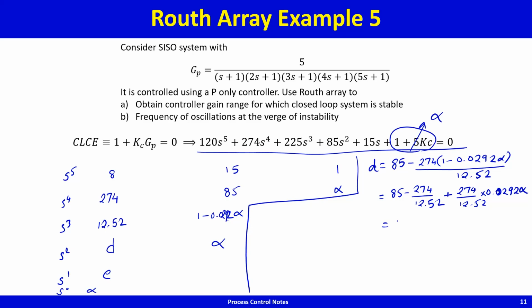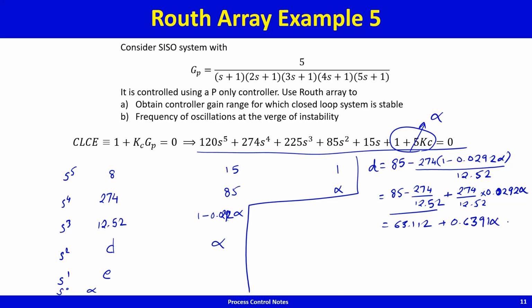And if you do the calculation, which I have done, the polynomial is going to be somewhat complicated, but that's besides the point. So the polynomial turns out to be 63.112. This minus this comes out to be 63.112, plus the other guy turns out to be 0.6391 alpha.